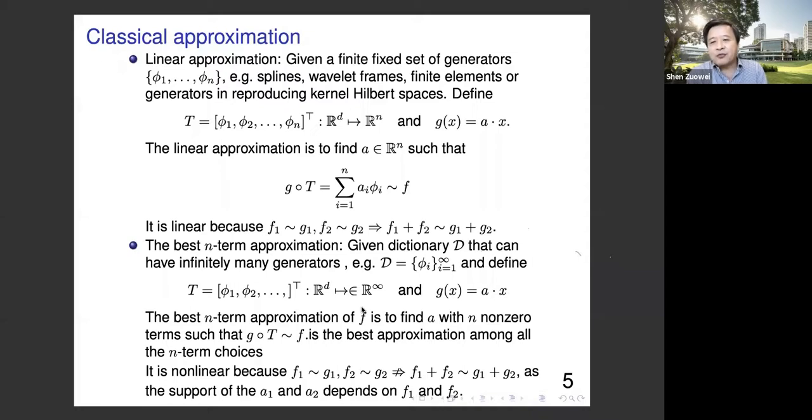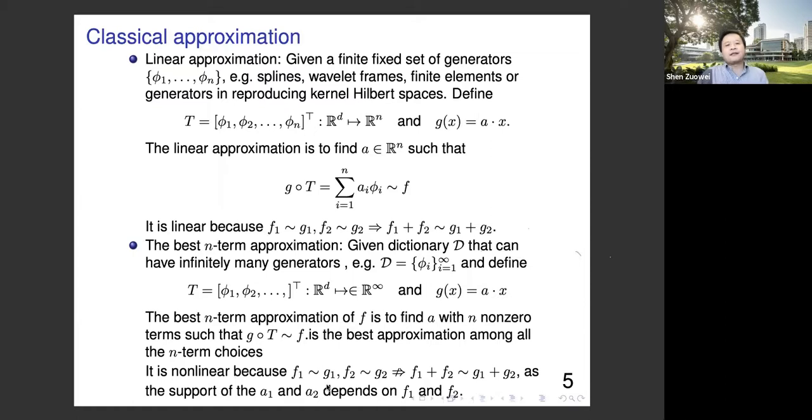Imaging is piecewise smooth, in fact piecewise constant. That's why I worked for the last 20 years on applying wavelets to imaging. Why does it work? Fundamentally, the mathematics behind it is n-term approximation.